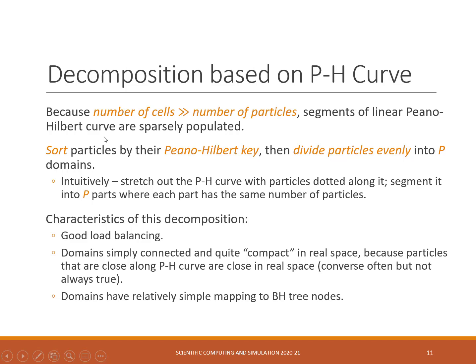In previous slides, it is explained how we fill a grid with a Peano-Hilbert curve to map the grid onto a 1D line. To obtain a load-balanced workload distribution, we first sort particles by their Peano-Hilbert key and then divide particles evenly between P processors. This way, the curve is divided into P load-balanced partitions.